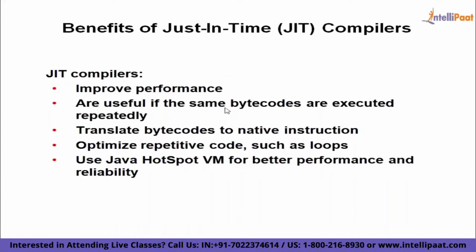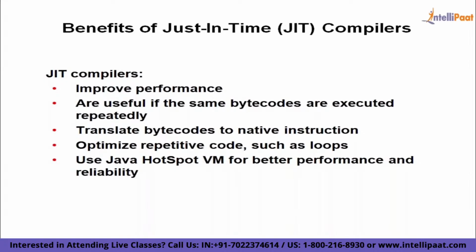They are useful if the same bytecodes are executed repeatedly, like when we are executing looping constructs and many more scenarios, right? It translates my bytecode into native instructions, that is binary. Optimize repetitive code.